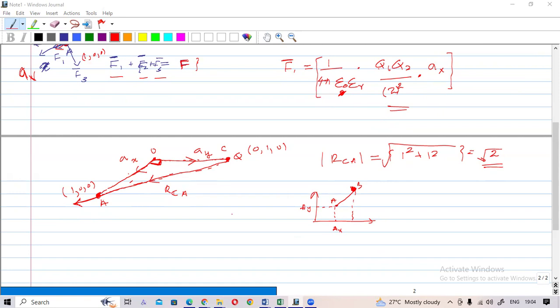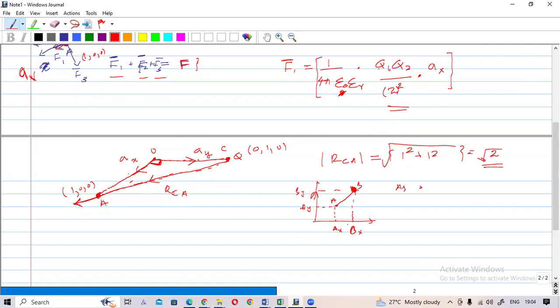And if you want to find the distance, this point is AX, AY, and this point is BX, BY. How do you find this AB distance?